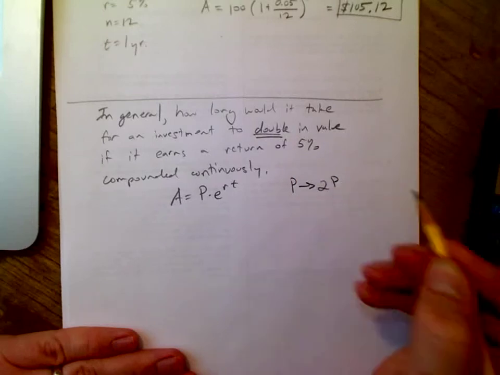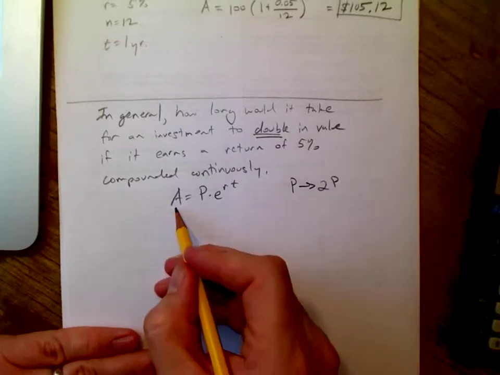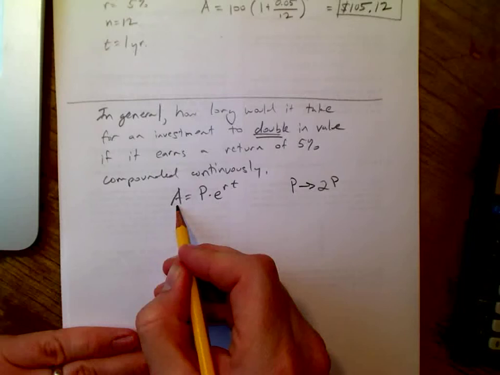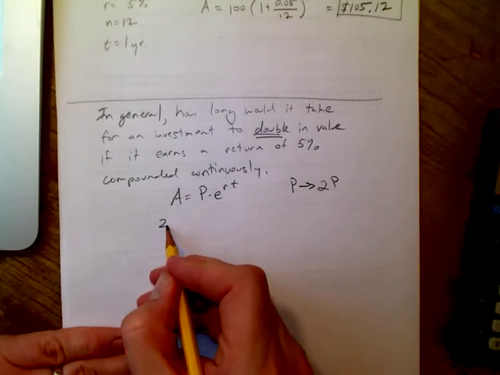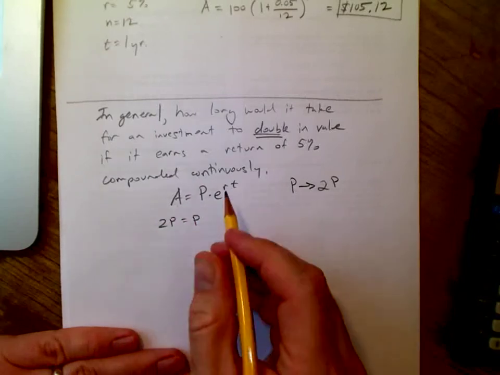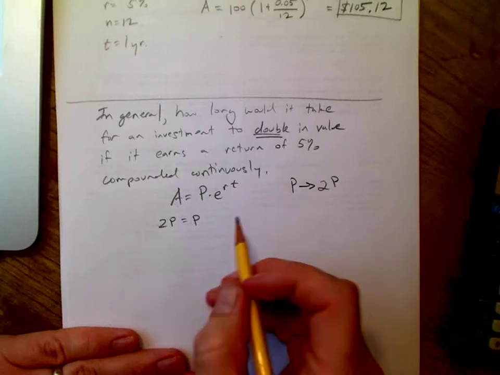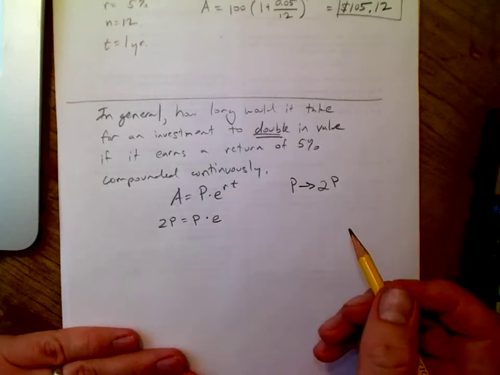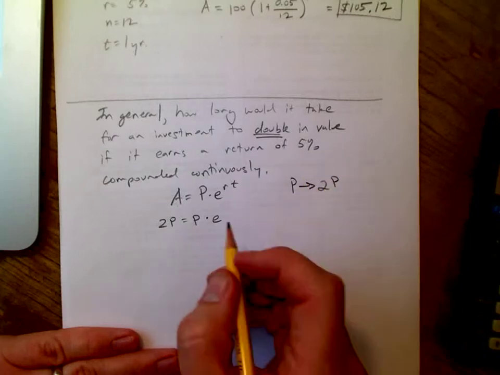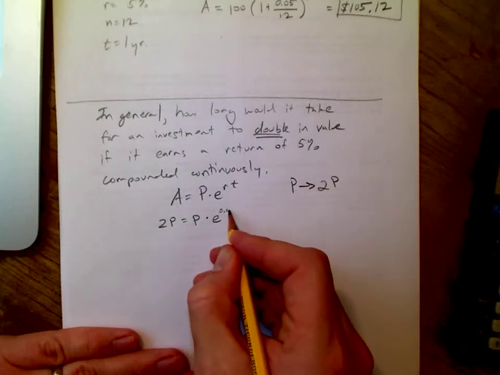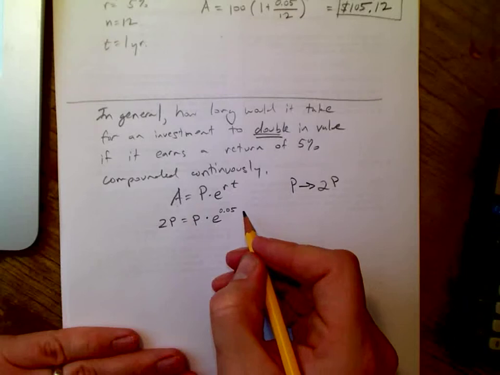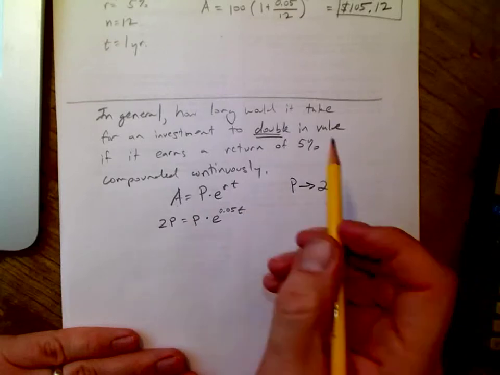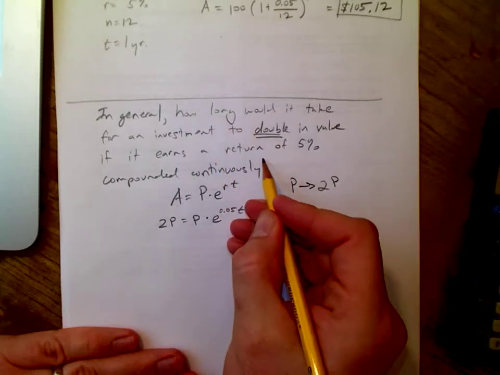So we want to get to 2 times P. So the amount that we finish with is 2P. We don't know the initial investment. e is the natural number when you're compounding continuously. The rate is 5%. And time is the question. How long will it take?